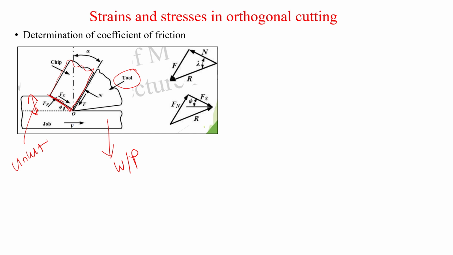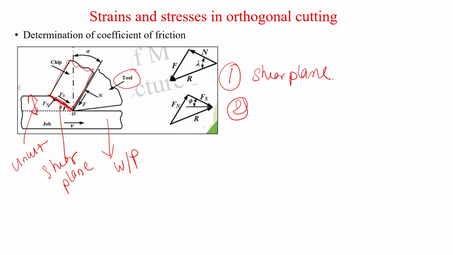One is this plane, called the shear plane. Listen very carefully: the shear plane is that plane in which the chip is getting sheared off from the workpiece material, from the uncut part, and now becoming chip. Number one, we have the shear plane, and number two, we have the rake surface.